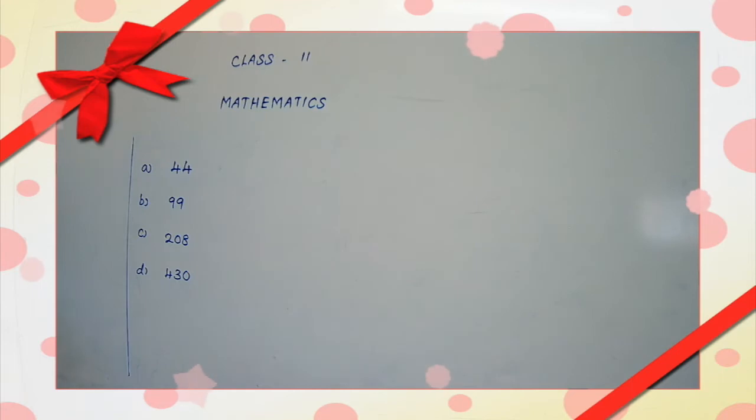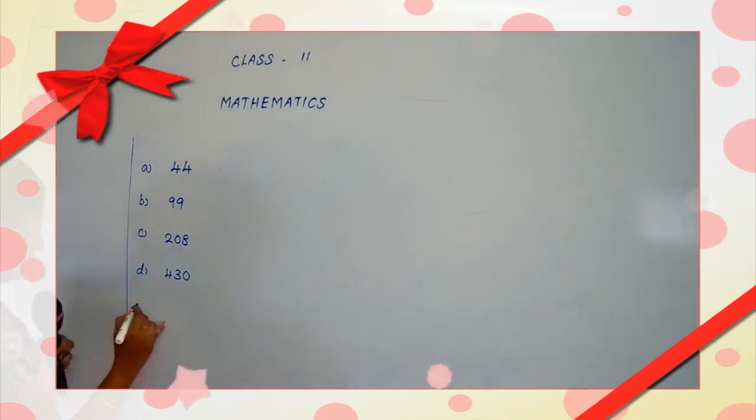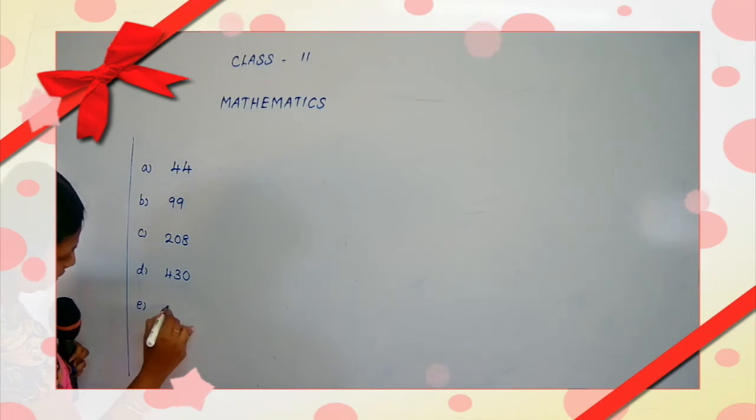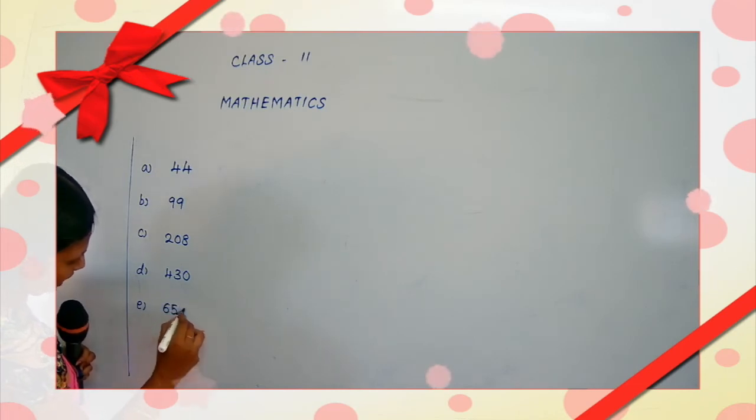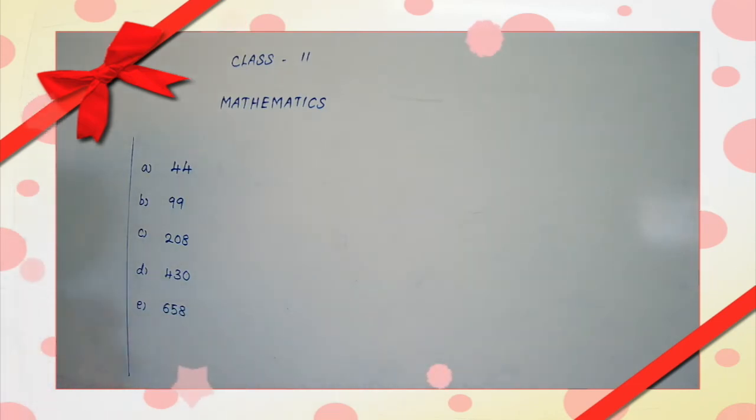See the E option. 659. What comes before 659? The answer is 658.